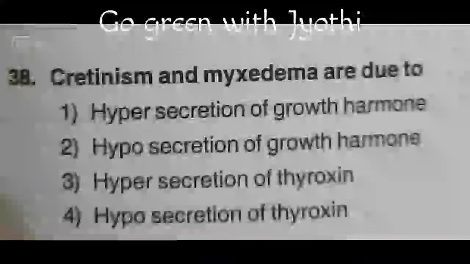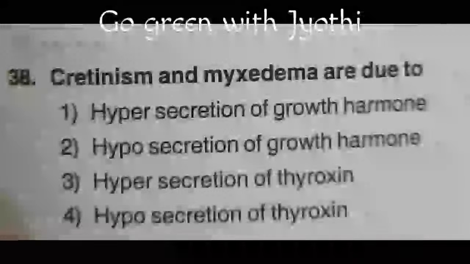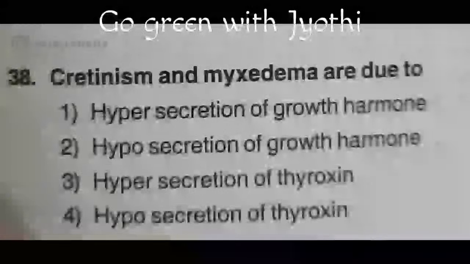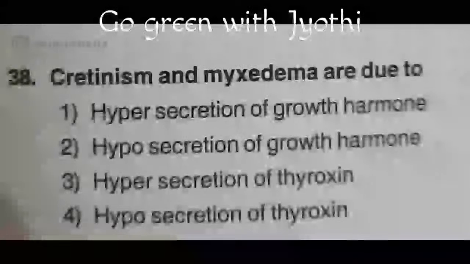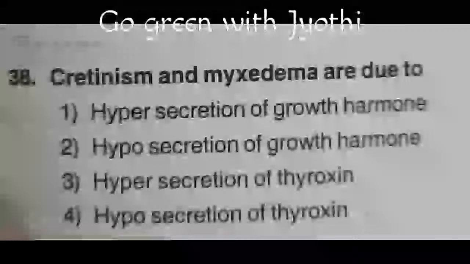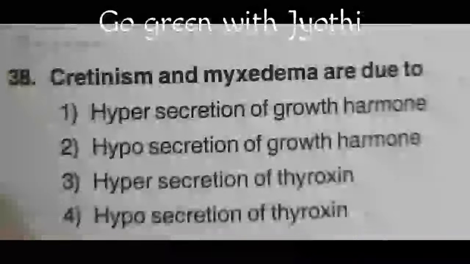Which is the right one? Cretinism and myxedema are found in children and adults as disorders, and these disorders are due to hormone imbalance.